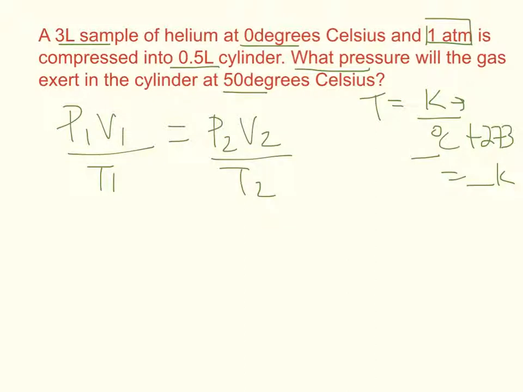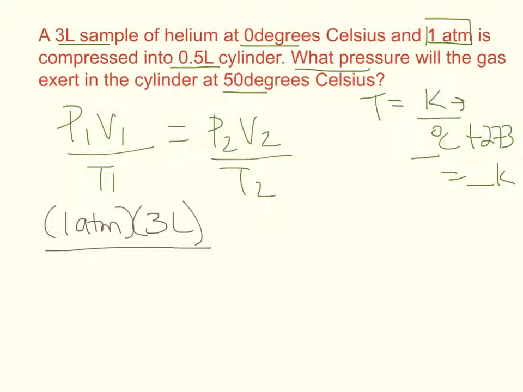So I'm just going to go ahead and plug in the values that we have. So pressure 1, okay, is going to be that 1 atmosphere. Volume 1 is going to be 3 liters, and that's another thing that we need to talk about, is that your volume always will be in liters. So if the question gives you milliliters, you must convert that as well to its liter form.